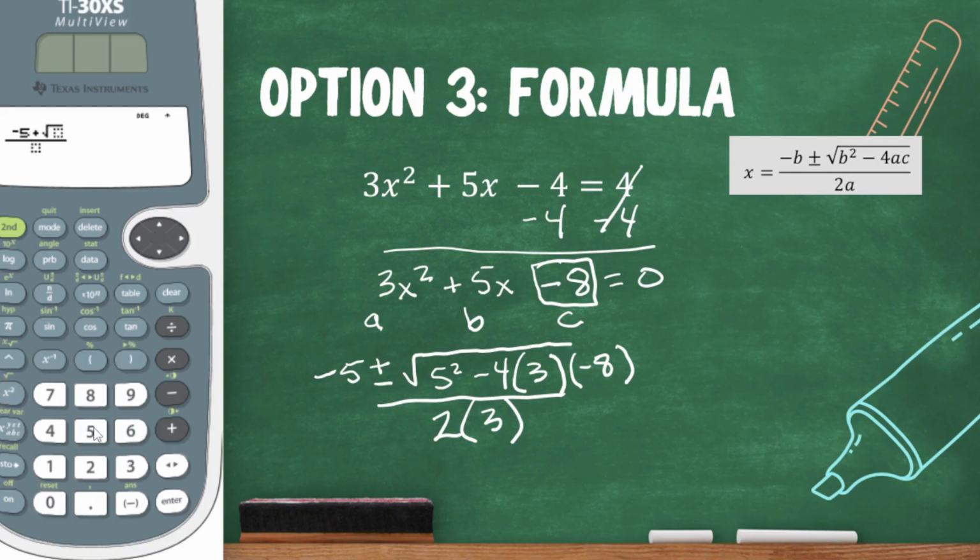Now I've got it, 5 squared minus 4 times 3 times -8, and the negative, remember, is this little button down here. And that's all over 2 times 3.